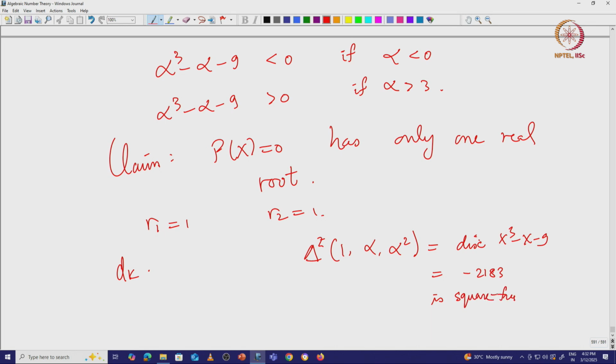So, this is equal to delta squared of 1, alpha, alpha squared, and O_K is Z[alpha].